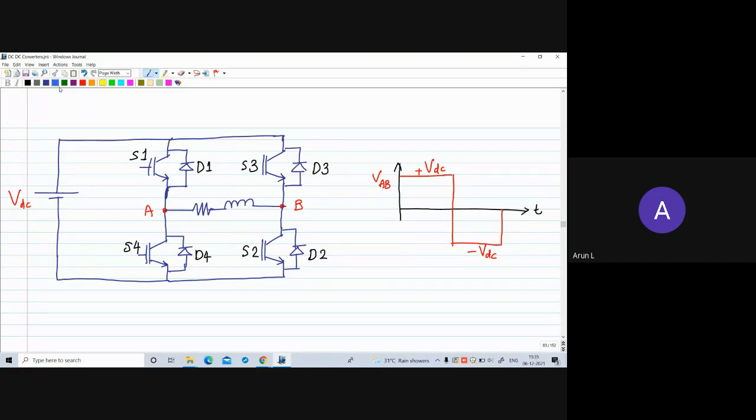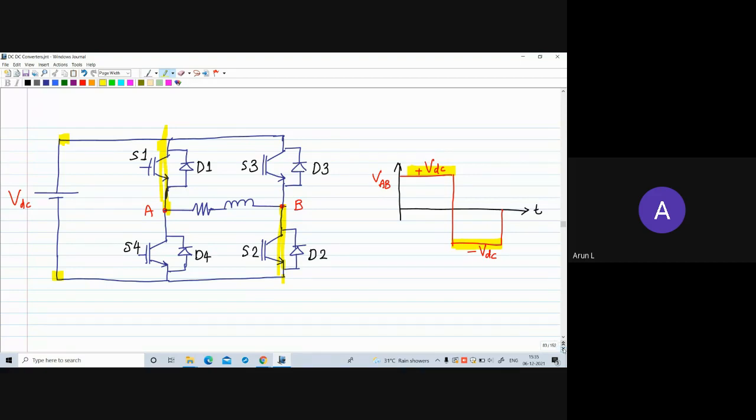When S1 and S2 are on, A is connected to the upper terminal of VDC, B is connected to the upper terminal of VDC, you will have positive VDC on the load. And if the complementary pair, S3 and S4, are turned on, you will have minus VDC on the load.